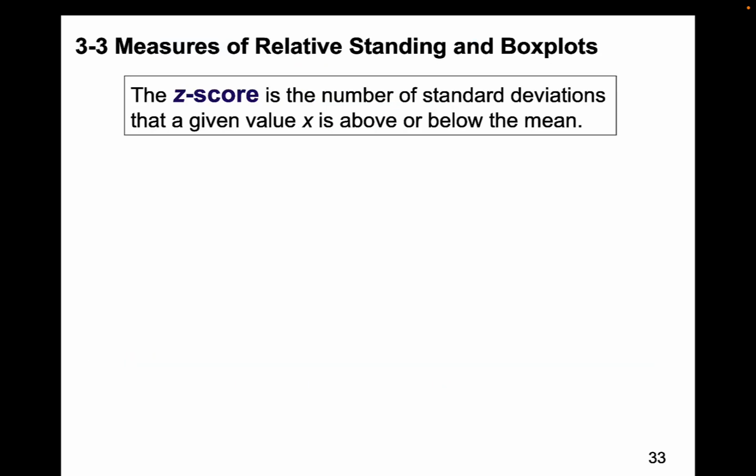All right, let's talk about that Z. I circled it. I said we would talk about it in a bit. What is that Z? Section 3.3 is on measures of relative standing and box plots. The Z-score is the number of standard deviations that a given value is above or below the mean.